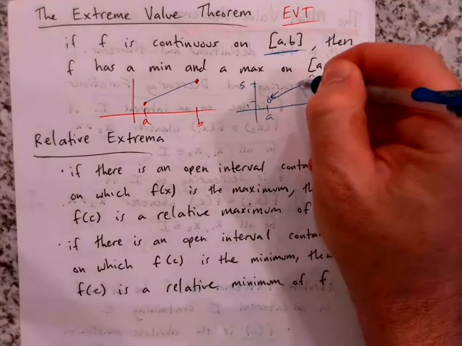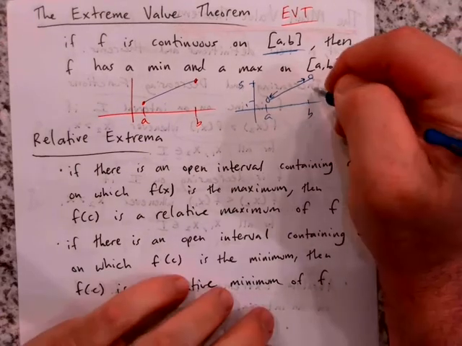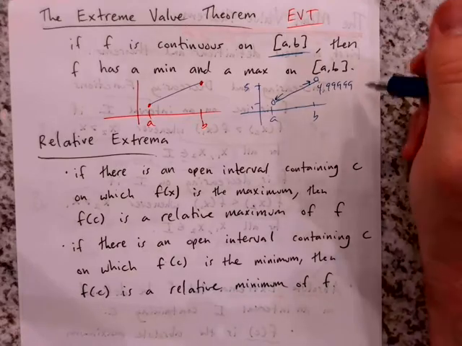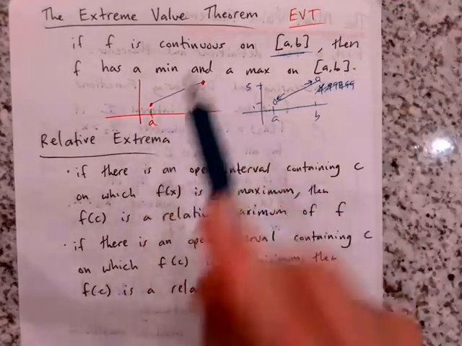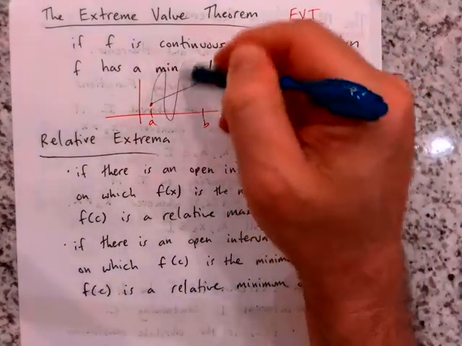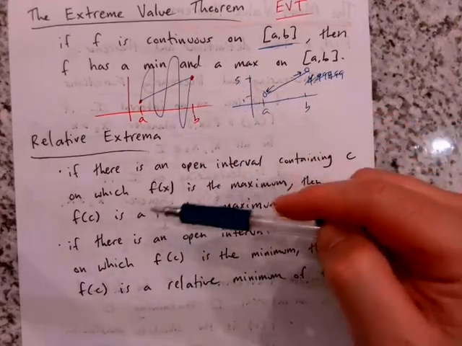And it gets as close to 5 as you want from the left side, but never actually to 5. It gets to like 4.99999, but never actually to 5. So you have to have a closed interval for this to be true. If you do some crazy curvy line, you're guaranteed to have at least one max and one min.